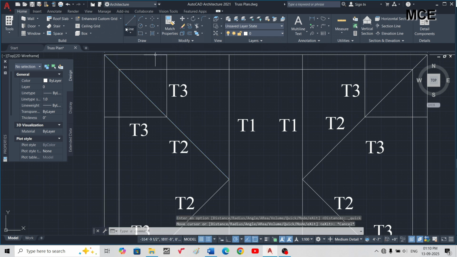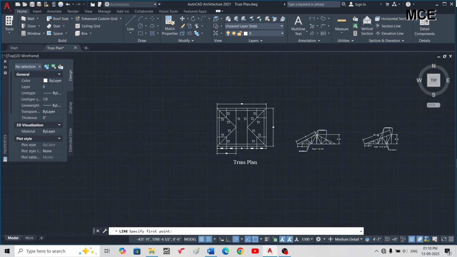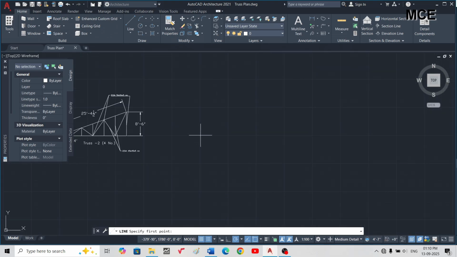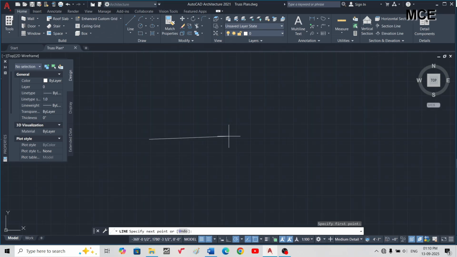Let's draw truss 3. So length is 8 feet 6 inches, and king post is 4 feet 3 inch, because it is at the midpoint of truss T2.